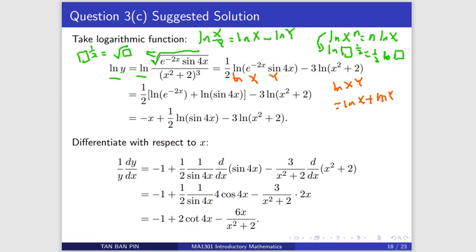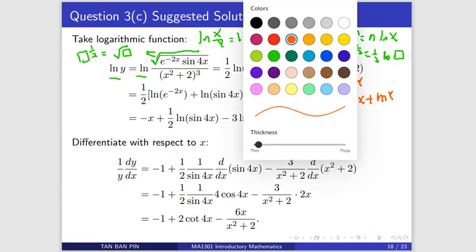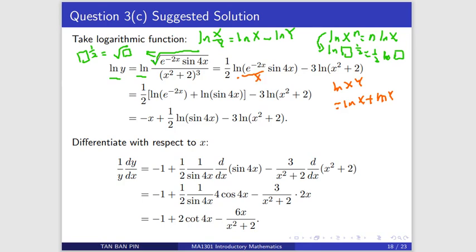You do it for e power minus 2x times sine 4x: you take this as x, this as y, and split it as log x plus log y.